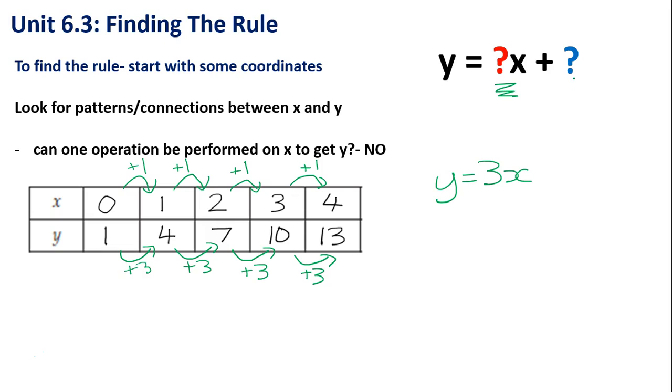So there must be a constant as well that we've got to add or subtract to the 3x to get to the answer. So hopefully you can see we're pretty close. 4 times 3 is 12. If we plus on 1, we'll get to 13. 3 times 3 is 9. We plus 1, we get to 10. So the final rule is y equals 3x plus 1.